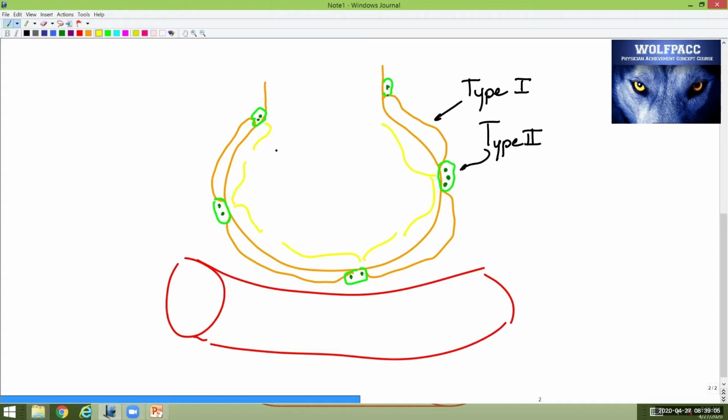Would you agree type 2 have lamellar bodies? Yeah. Type 1 do not have lamellar bodies. Type 1 make up the majority of the alveolus, the cell wall surface.